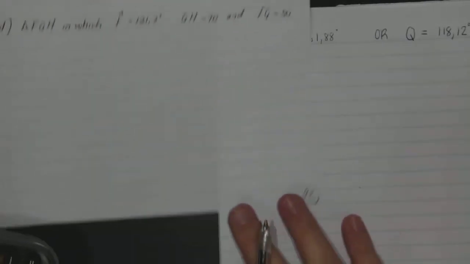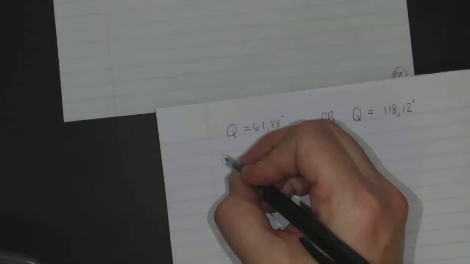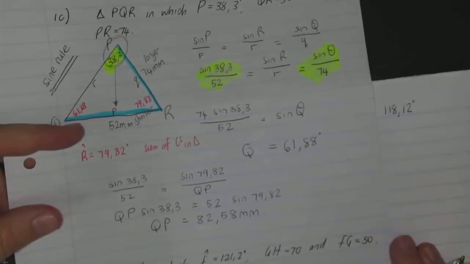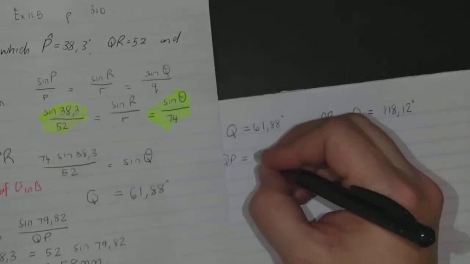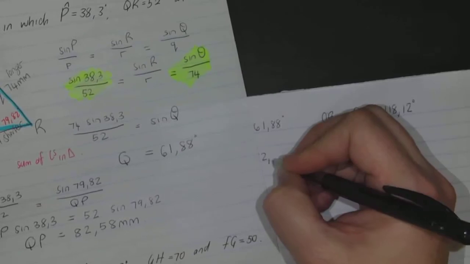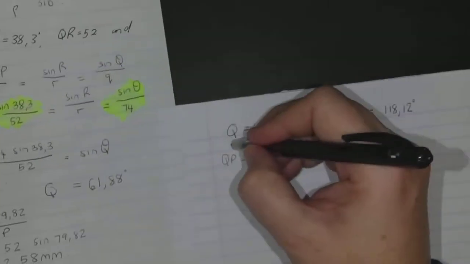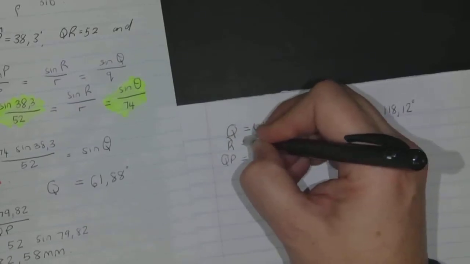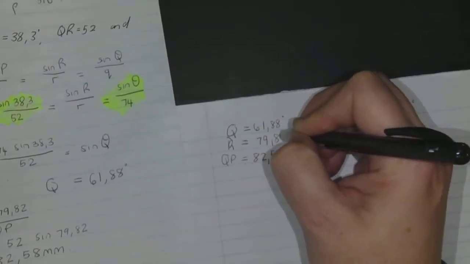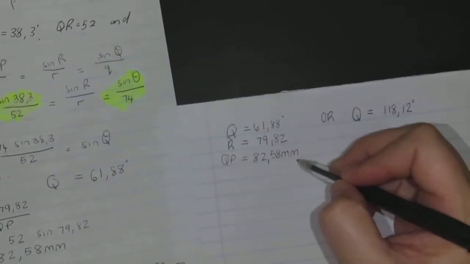So all of this that I've worked out, this QP I worked out was 82.58. So I worked out R is 79.82, and I worked out QP.